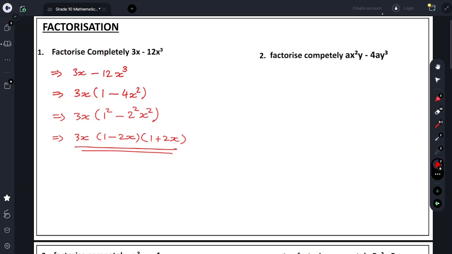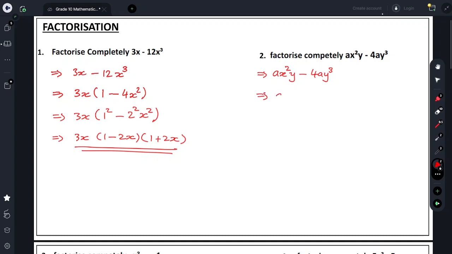This one here also applies the same, factorize completely. Again, for them to say factorize completely, there's a trick at some point which you need to realize. So let's copy it: a x to power 2 y, then minus 4a y to power 3. What is common on both terms is a and y.